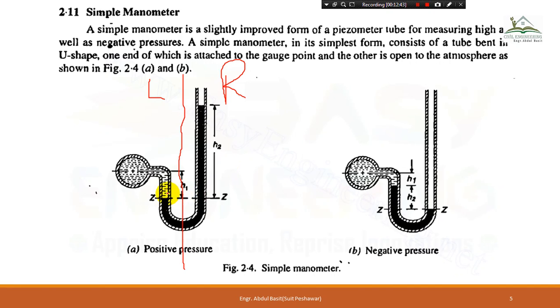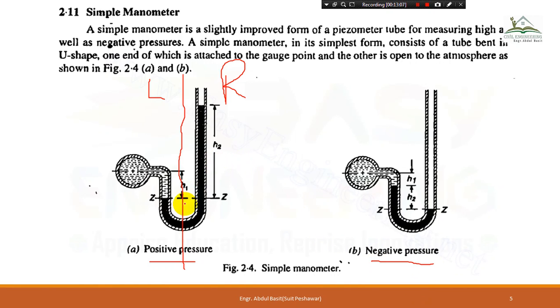When the level of mercury in the left limb is decreasing and the level of the mercury in the right limb is increasing, this will be a positive pressure. If the level of the mercury in the left limb is increasing and the level of the mercury in the right limb is decreasing, this will be a negative pressure. This is their basic definition.